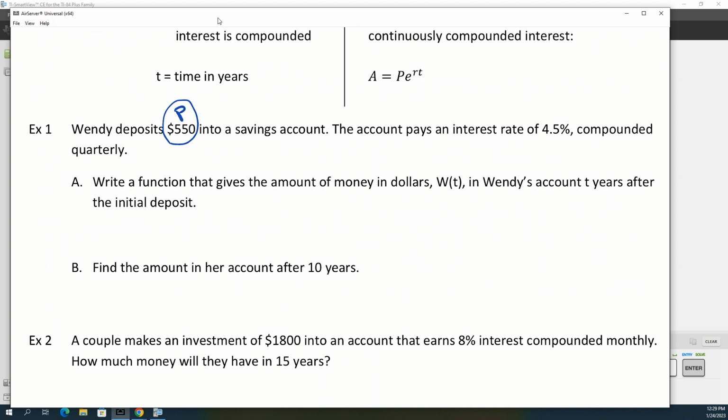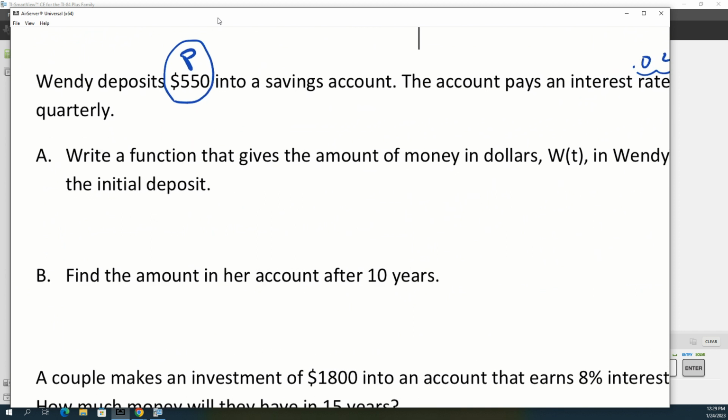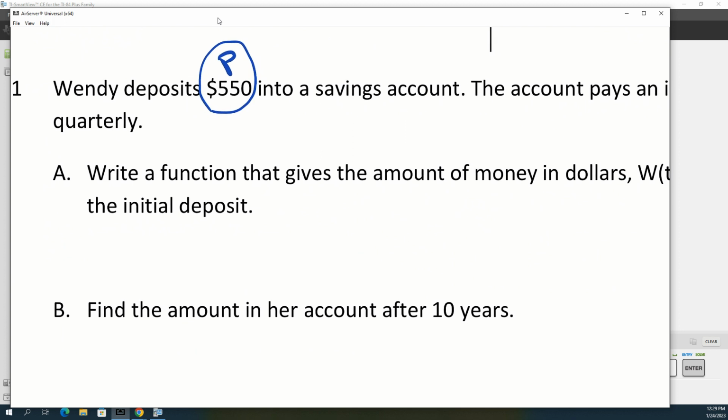And then just like yesterday, these percentages we need to change to decimals by moving the decimal point over 2 places. So that's going to be R. And then we said above that when it's compounded quarterly, n is going to be 4. It's 4 times per year.